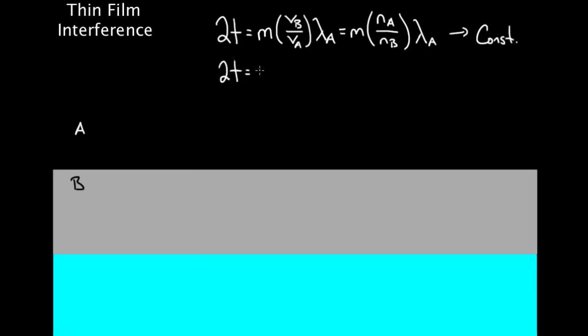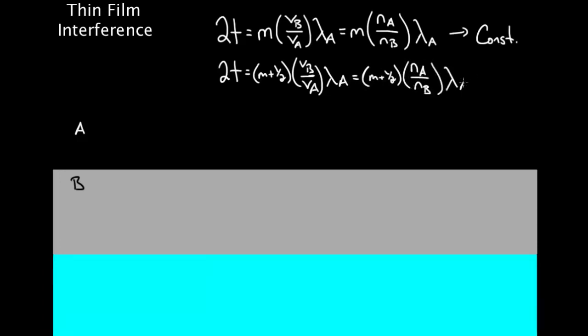2 times t should be, well, half integers, so we could do m plus a half times this same thing, the wavelength in the thin film, which again is VB over VA times lambda A, or the same thing, half integers times wavelength. But if you had index of refraction, you'd want to use NA over NB, lambda A. This would give you destructive.